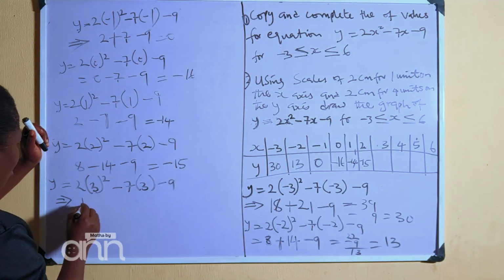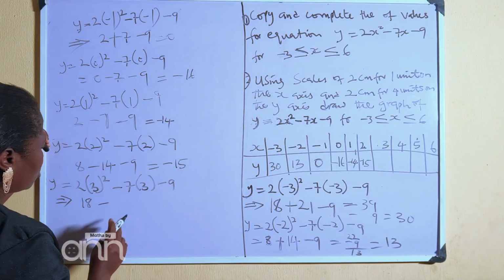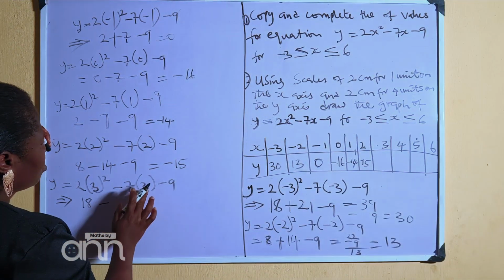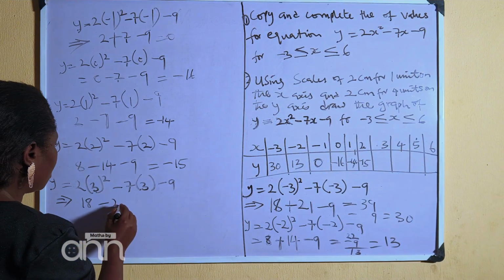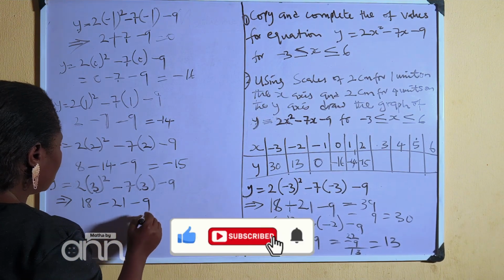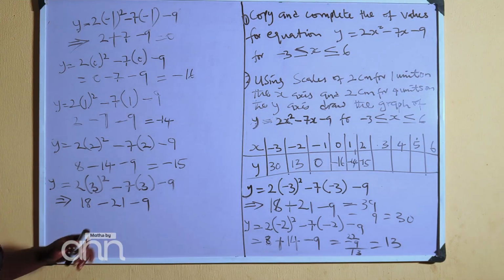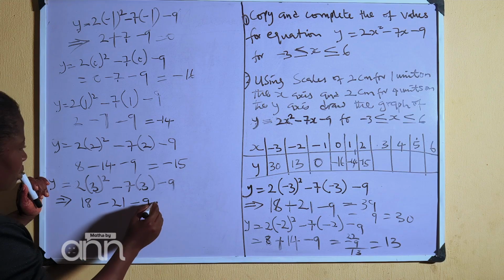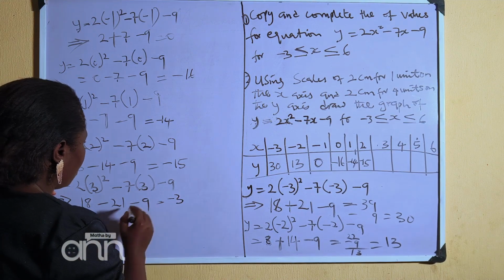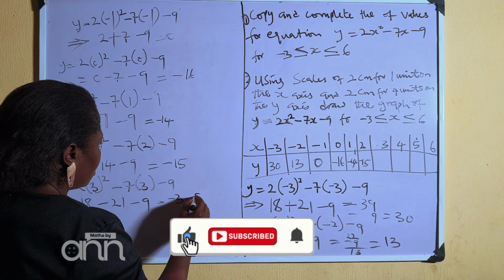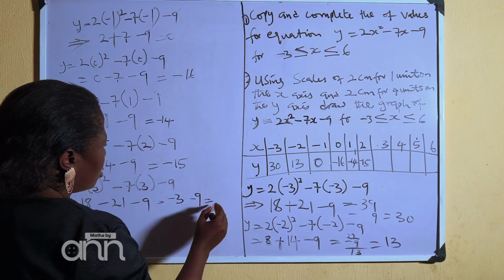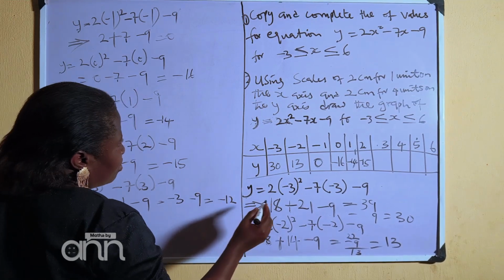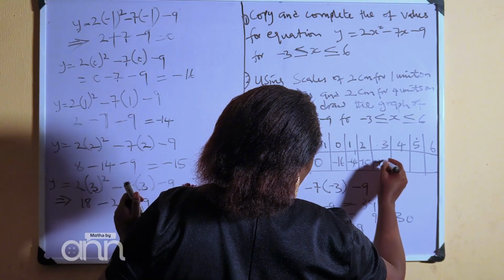Multiplied by 2, you have 18. Minus 7 multiplied by 3 is minus 21, minus 9. 18 minus 21, you have minus 3. Minus 3 minus 9, you have minus 12. Minus 12 here.